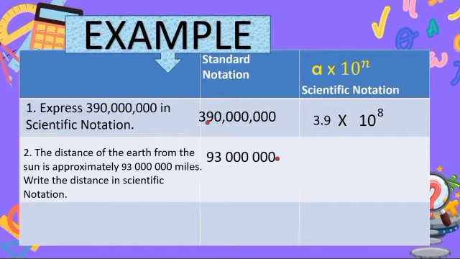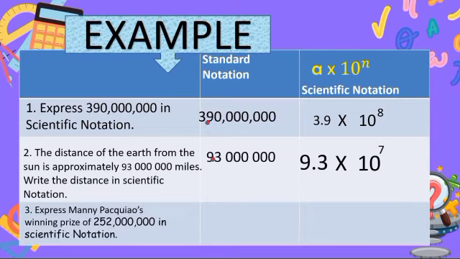And then, we will move the decimal. Again, whole number siya, start tayo sa dulo. So, we will count 1, 2, 3, 4, 5, 6, 7. So, ang movement ng ating decimal is 7. So, this means that 9.3 times 10 to the 7th power.